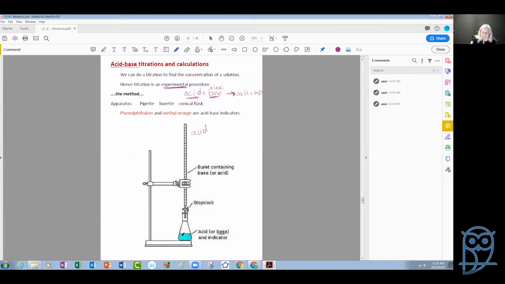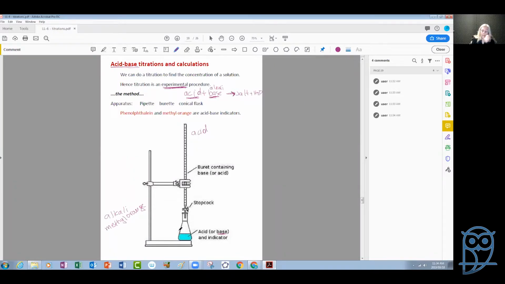Usually, if what we have in the flask is the base or the alkali, then we add a few drops of methyl orange, usually. Methyl orange, that will be our indicator. And when we add a few drops of methyl orange in this alkaline solution, it turns yellow.